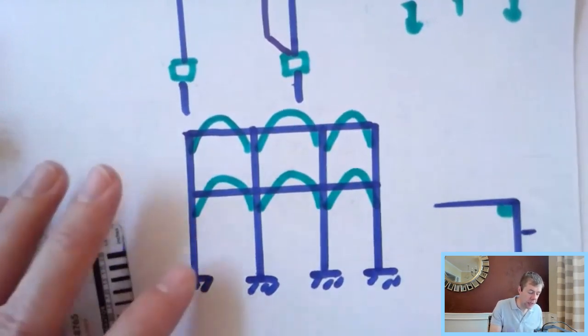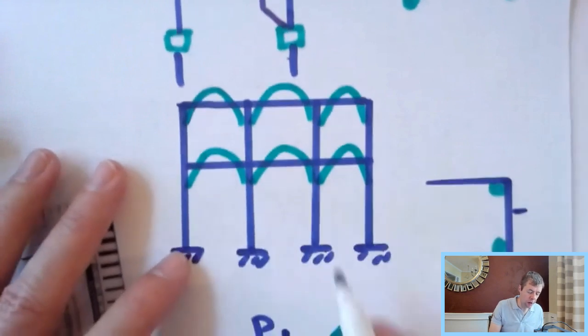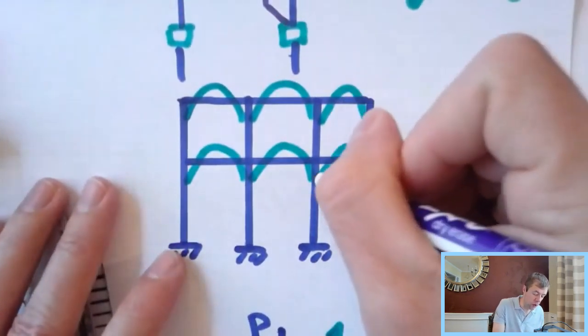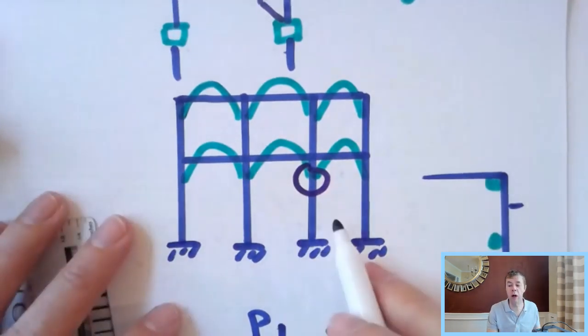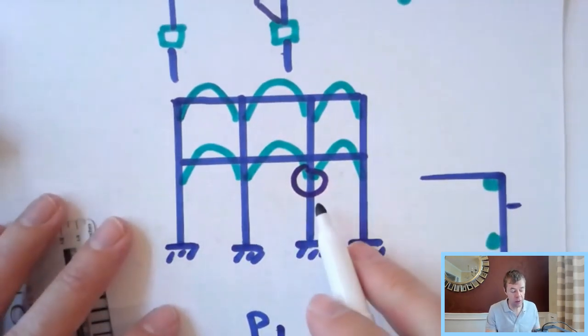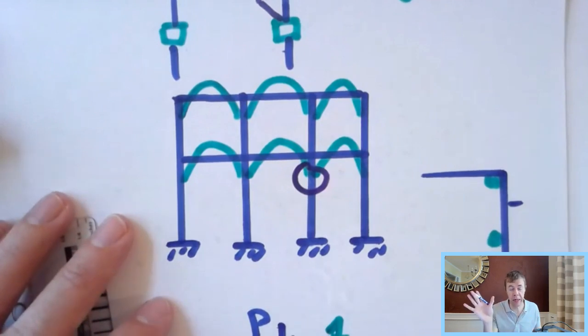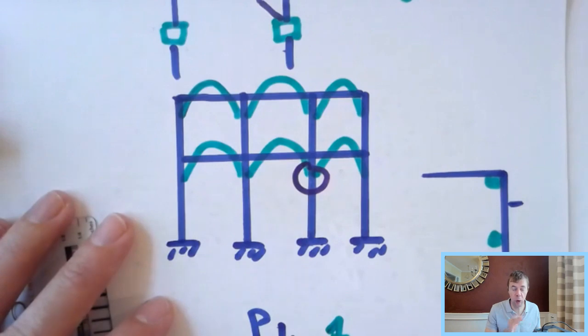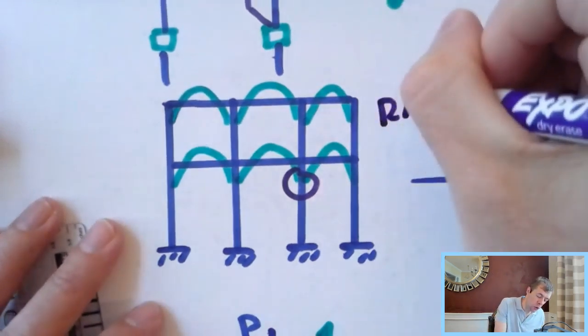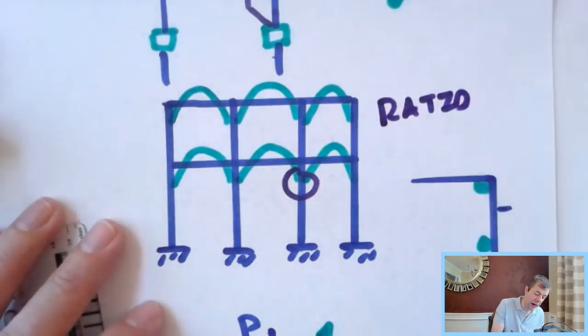And let's just say that this one right here happens to be the largest. I'm drawing just one bay, but what I'm about to tell you can work for every single bay in an entire building.